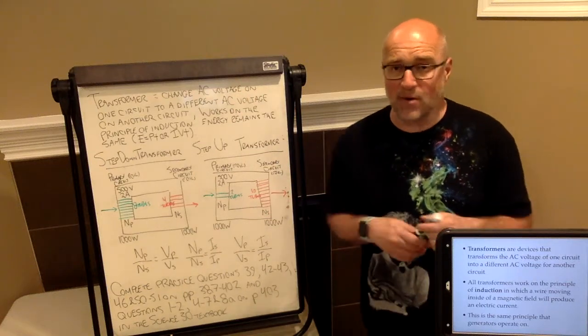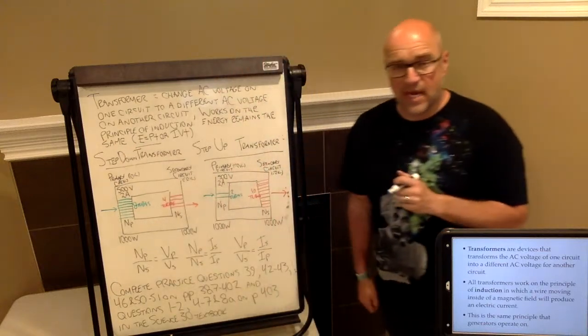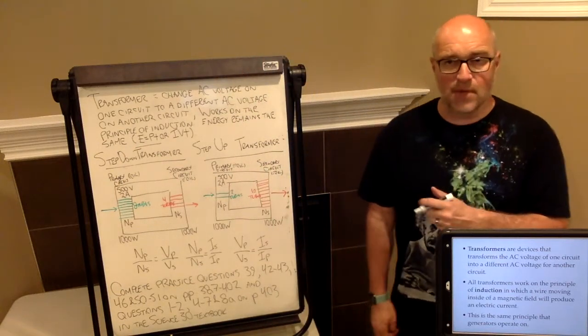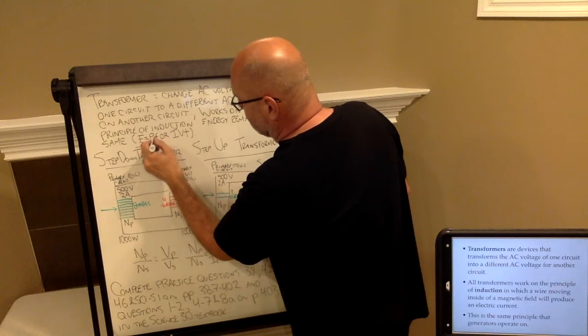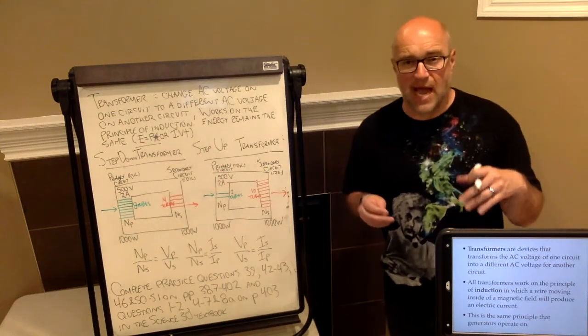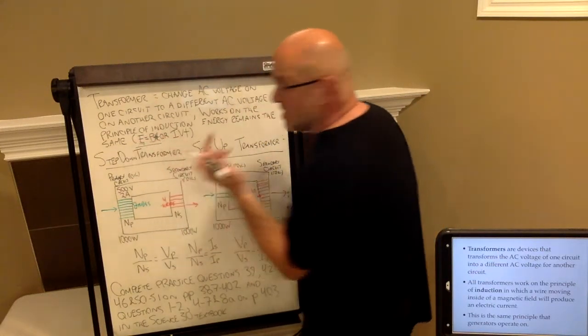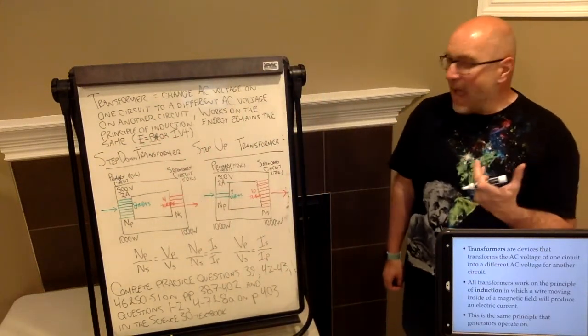Now, how does that happen? Well, back to our equations from today, energy is equal to power times time. Well, the time is not really a factor because the time will be the same for both of the circuits that are inside the transformer. So essentially, in this case, energy is equal to power. Well, what's power made of?